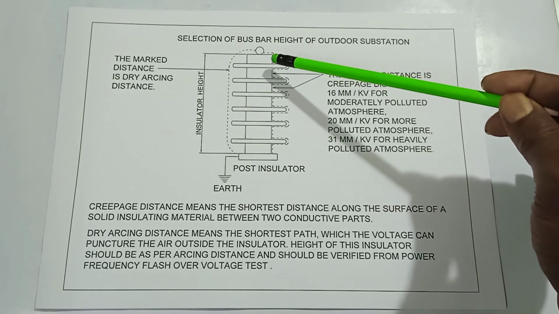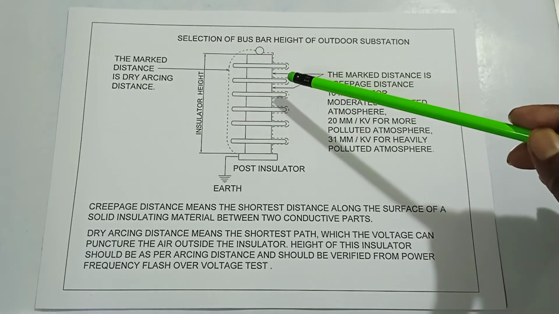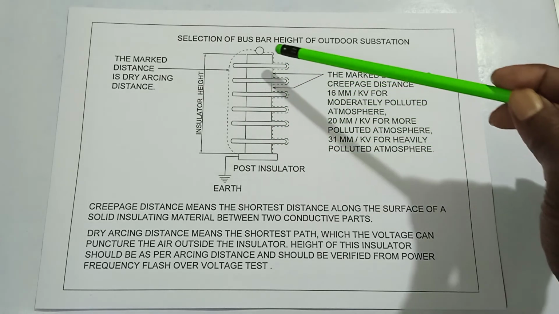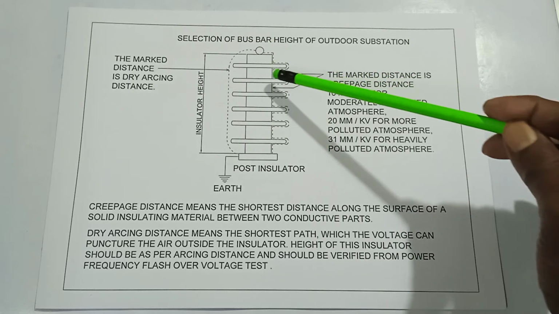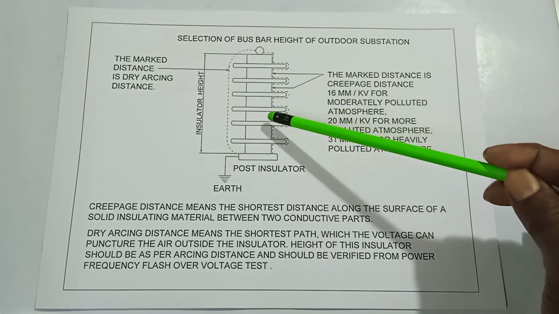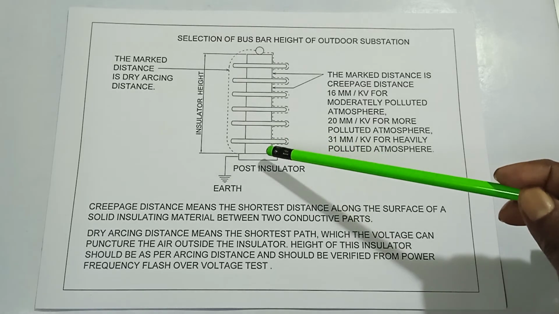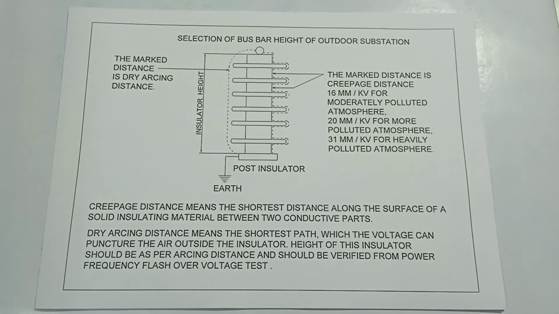On the insulation surface, dust and moisture deposit occurs, so along this path conduction of electricity takes place. The distance of this path is called creepage distance.